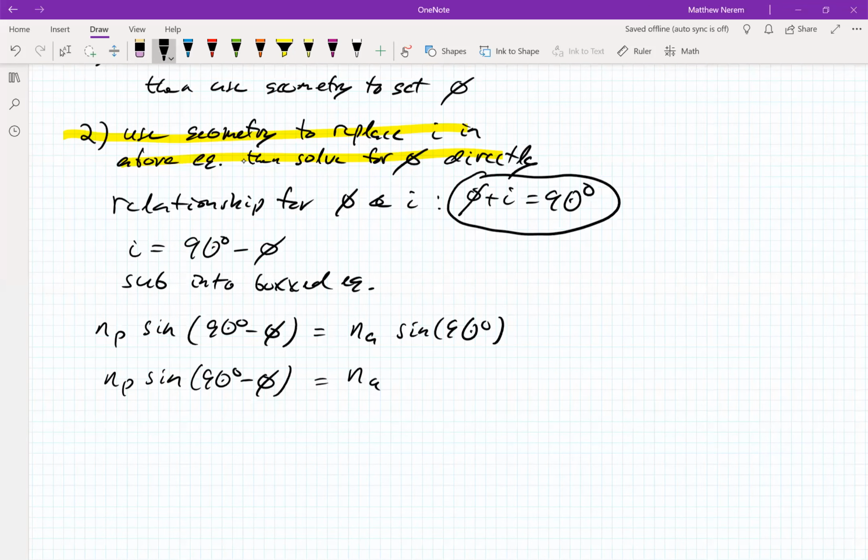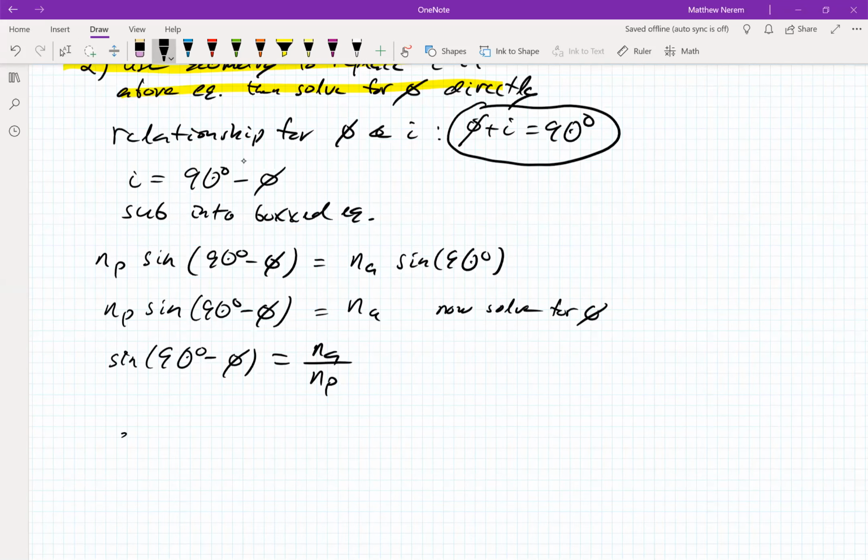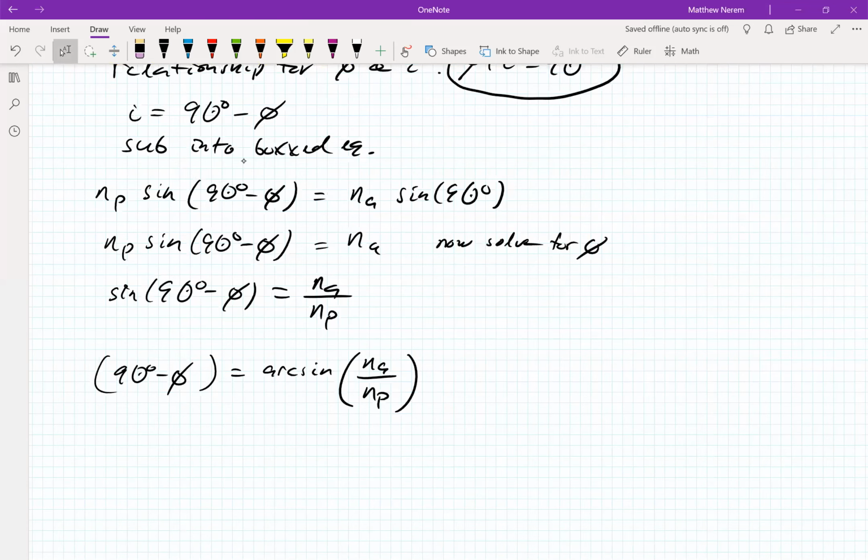All right. So now solve for phi. I'll divide by the index of the pipe. Sine of 90 degrees minus phi equals whatever this ratio is. Take the inverse sine, or the arc sine as I prefer to write it, of NA over NP. All right.